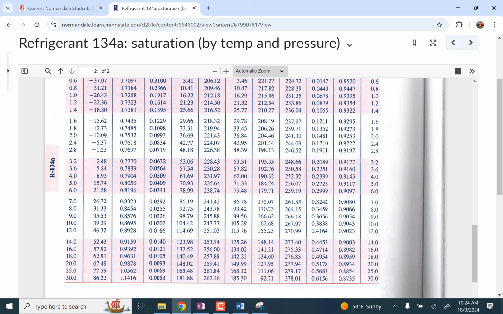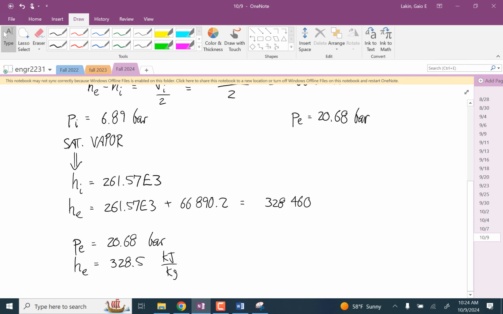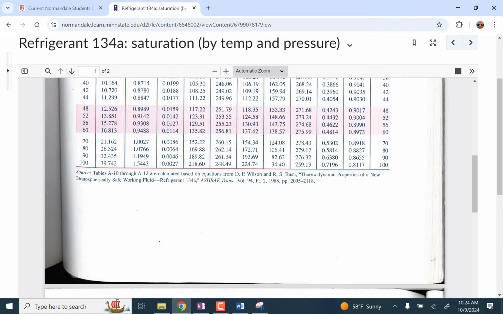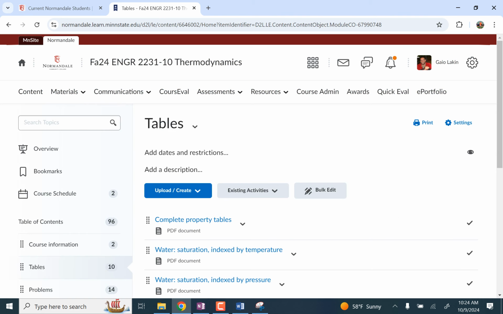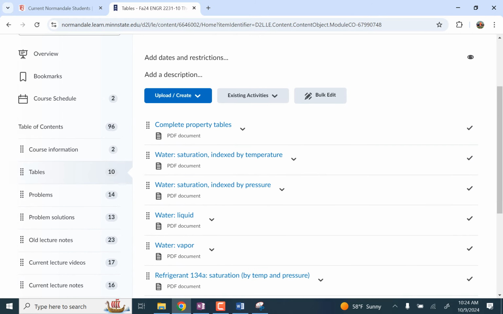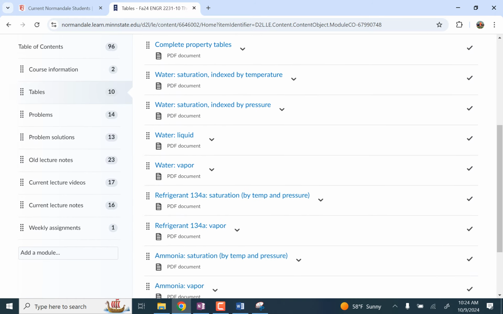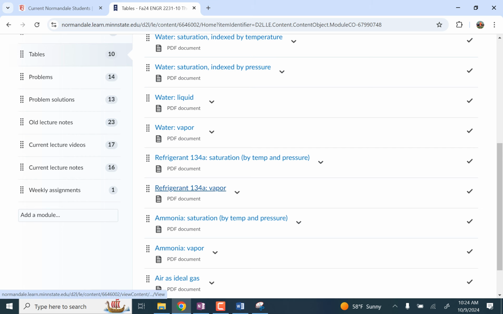So the possible range for saturation is between 150 and 278. We're above that, right? Yes. The one we're looking for is 328. Everyone with me on that? And so let's go to the superheated vapor. I thought it was going to be a saturated liquid or a compressed liquid, but it looks like it's going to be a superheated vapor.